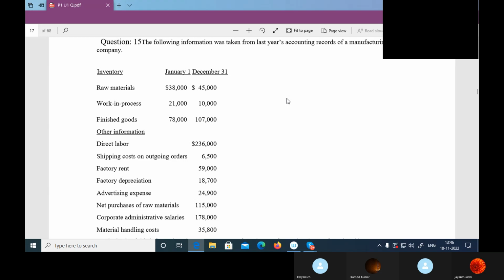In this one, the raw materials we can take both the years, sir. 38 plus 45. Madam, one is opening, one is closing. So you should remember what to do. Add opening, less closing always.